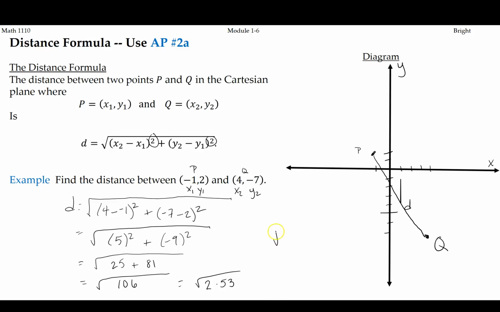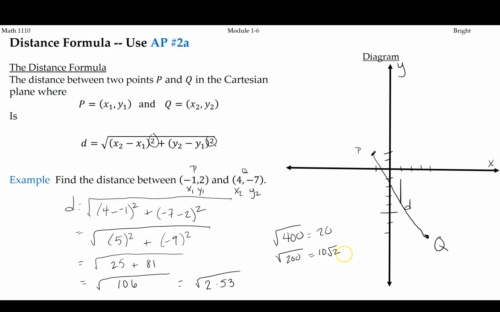For instance, if you had something like the square root of 400, that's a perfect square, so you would write that as 20. But if you had, say, the square root of 200, you would have to write that as 10 square root 2. So try to simplify these square roots if you can. Sometimes you're not able to.